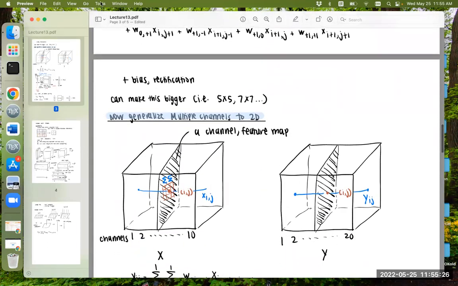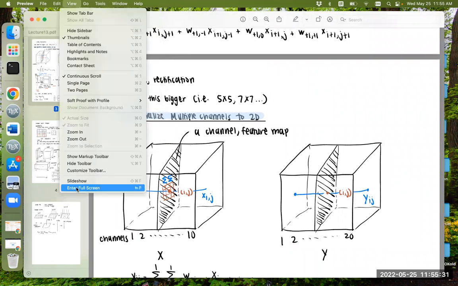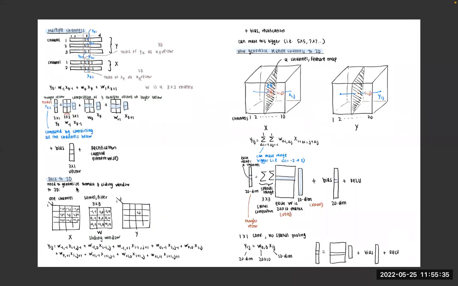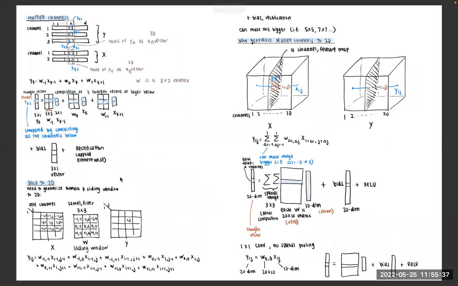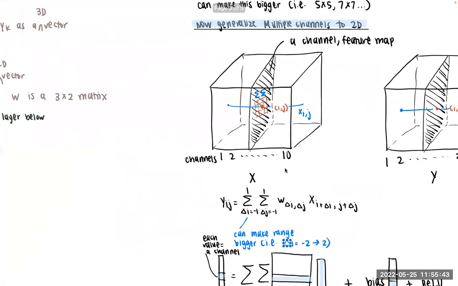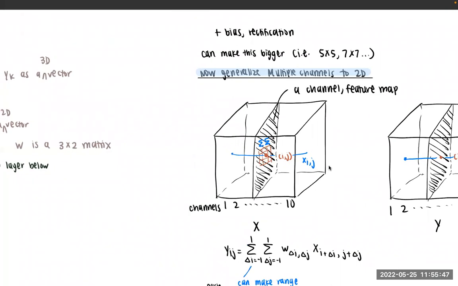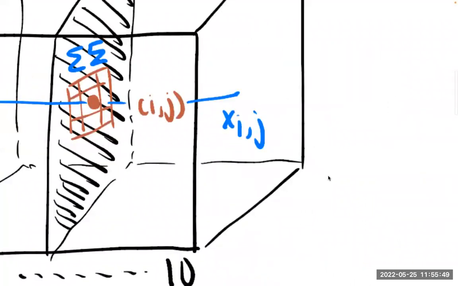So let me get to the full screen mode. That's the problem with the screen mode.